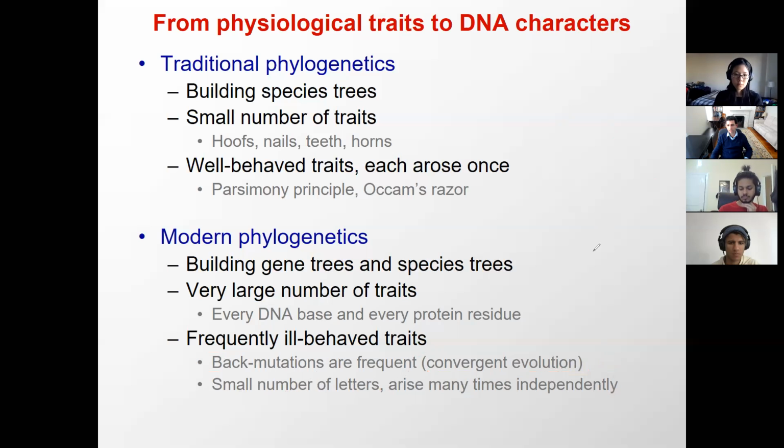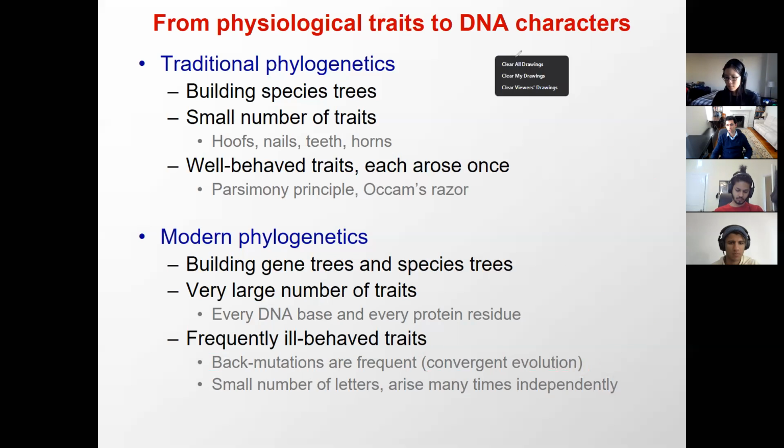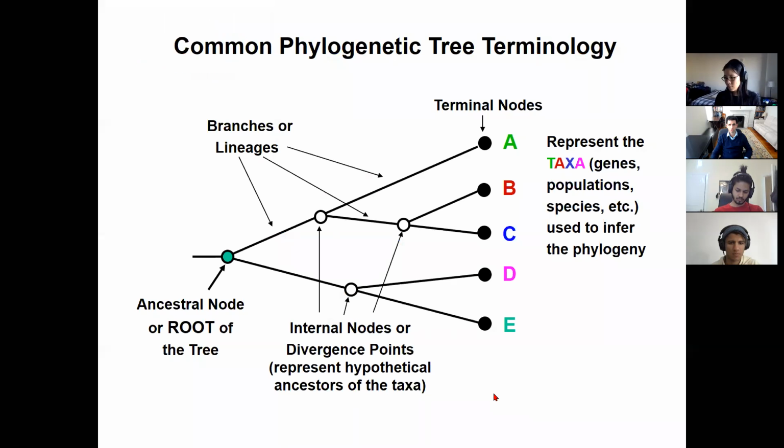And therefore, it's much more common that, for example, a T changes into an A, then changes into a G, and then they both change into a C. So that's an example of convergent evolution, but it's very, very common that this happens because there are only 4 letters. There's only 4 states that you could be in, and therefore over evolutionary time, you're very likely to have this convergent evolution. So let's go over some definitions.